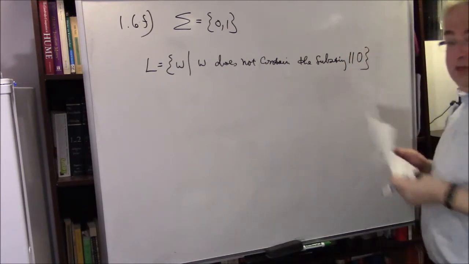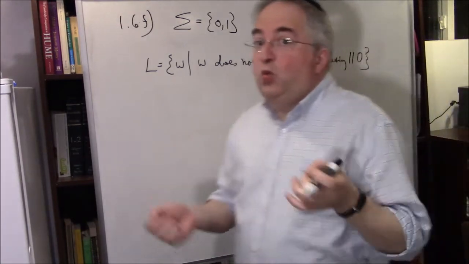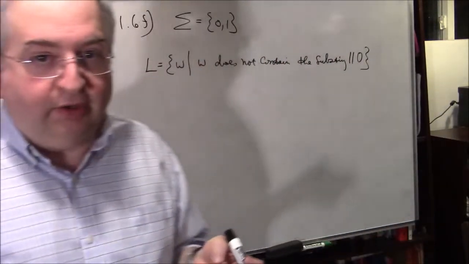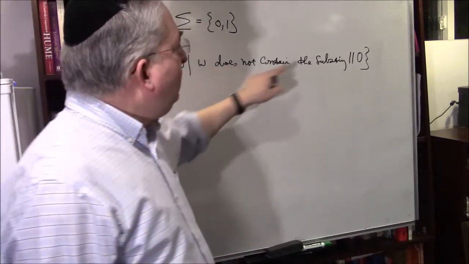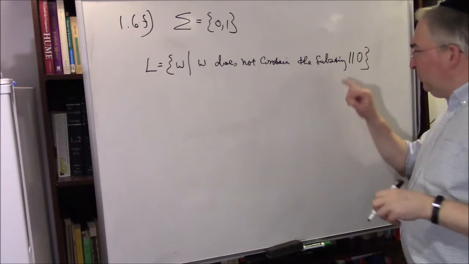Now, this is different than what we had before. Before, when we were talking about 2 B's, we didn't care if they were next to each other. Now, we care that it's a substring 110. Okay? It has to be that form.